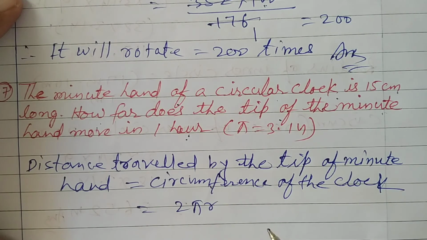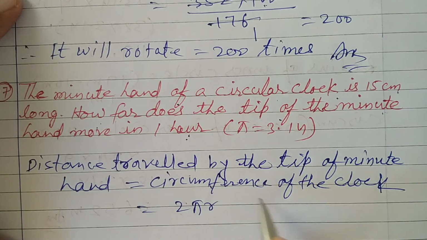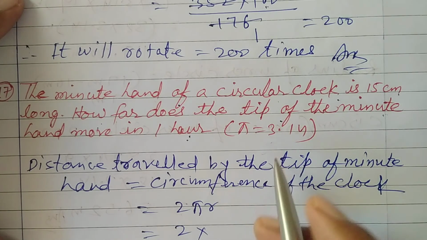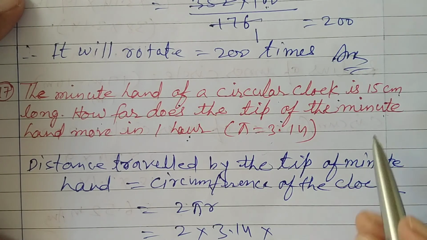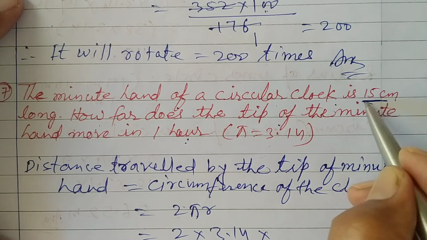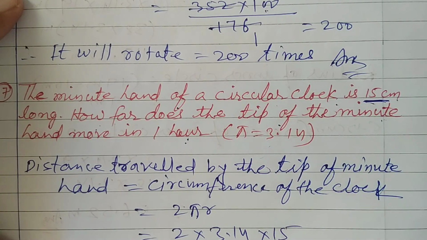The clock also is circular, so we can put 2 into the value of pi, which is given 3.14, into r, which is given 15 centimeter.